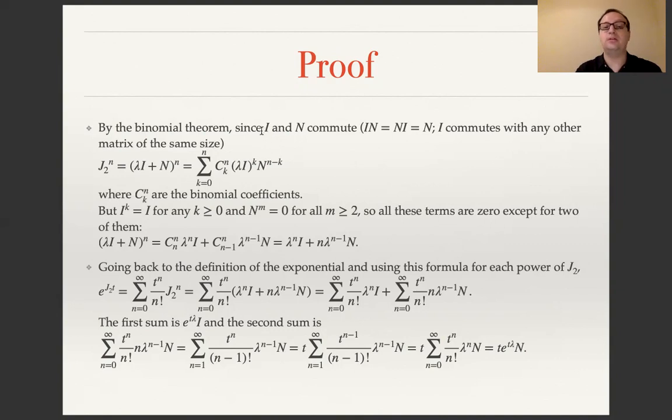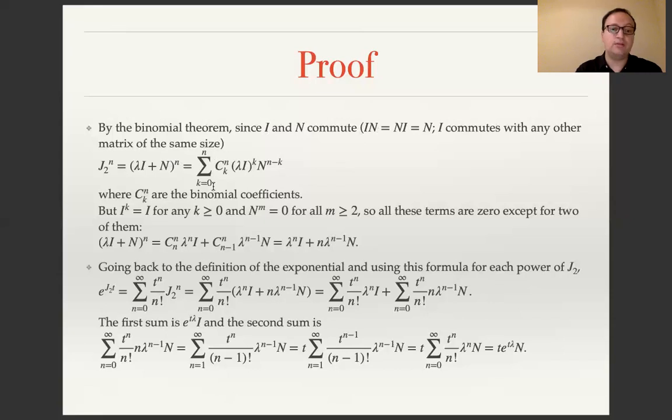So this is the case because the identity matrix commutes with any matrix. This is because by the definition of the identity matrix, the identity times any matrix is equal to that matrix. So the identity times N is equal to N times the identity is equal to N. Okay, so then we are allowed to use the binomial theorem to expand this sum of two matrices raised to the power n.